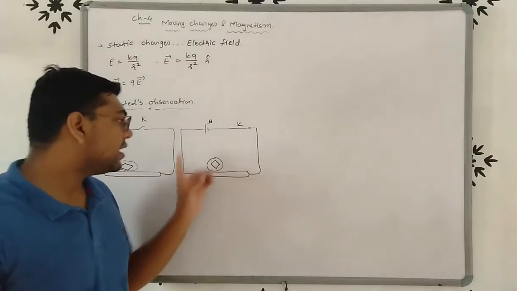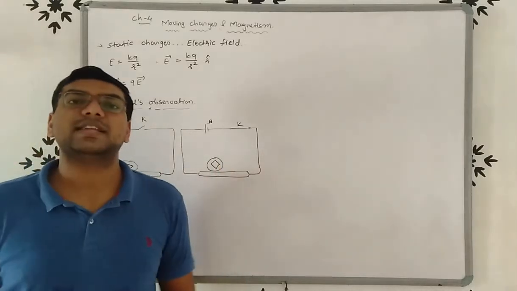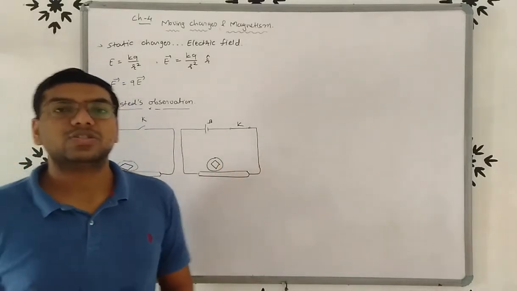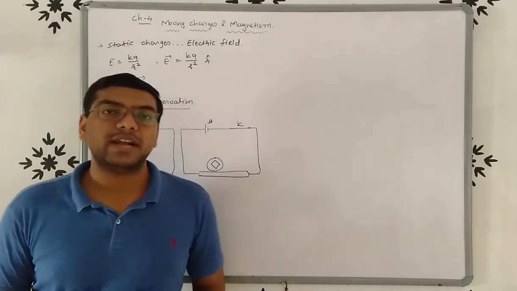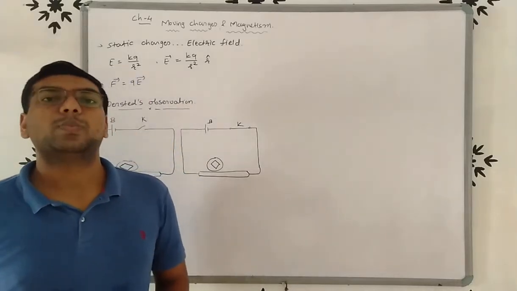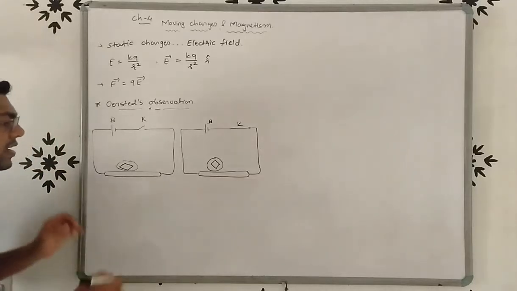As the current flows, there will be a deflection in the magnetic needle. So from this, he concluded that moving charges produce the magnetic field.